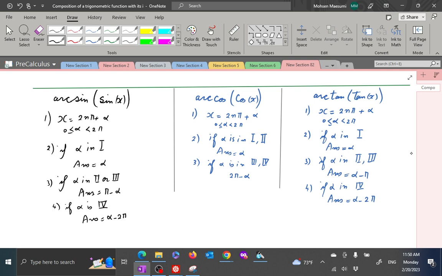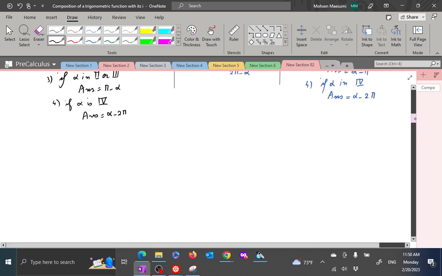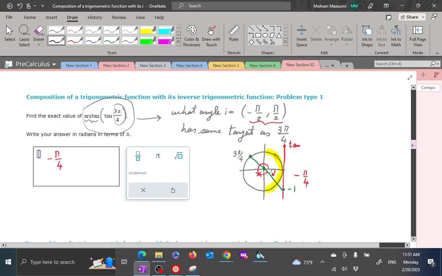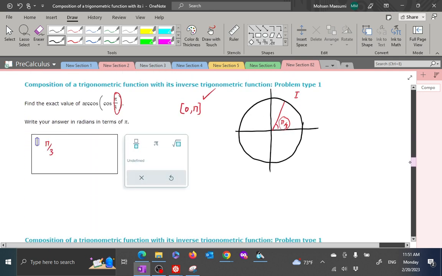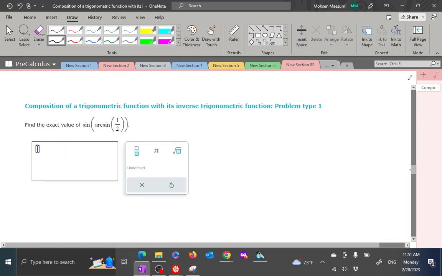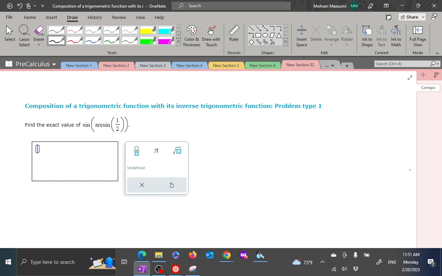Let's go ahead and practice a few more problems. Make sure we have answered all the questions that we had here. How about the other way around? What's the sine of arcsine of 1/2?